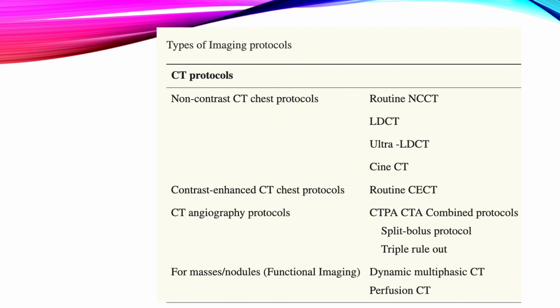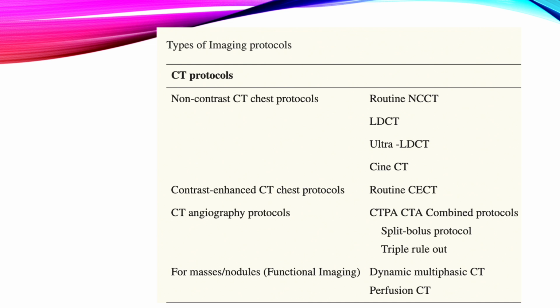The non-contrast CT chest protocol includes a routine non-contrast CT chest, a low-dose CT chest, another term called ultra-low-dose CT chest, and cine CT. The contrast enhanced protocols include routine CECT and perfusion protocols or angiography protocols.